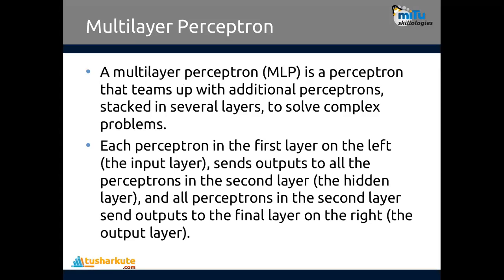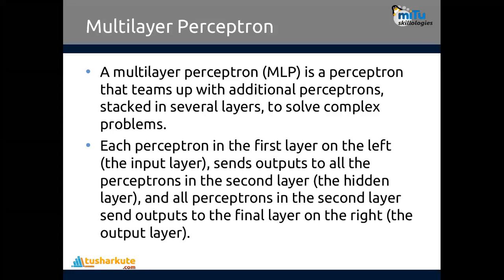So we can team them up with n number of additional perceptrons stacked in several layers to solve complex problems. When you add multiple thinking units inside it, just consider the perceptron a thinking unit. It identifies the similarities, finds the model in the given data. That's what you call a thinking unit.